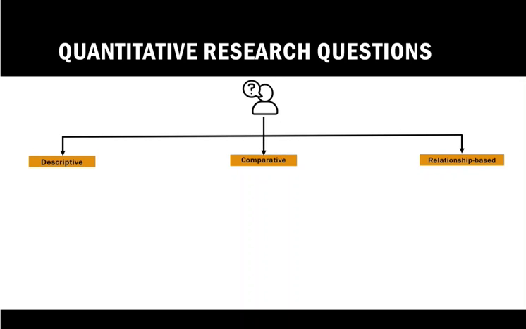But looking at it from a quantitative perspective, you could group your research questions into 3: the descriptive, the comparative, and the relationship-based research question. And I'm going to give an example. Now, descriptive research questions speak to how frequent, more like measurement, how frequent, what percentage.